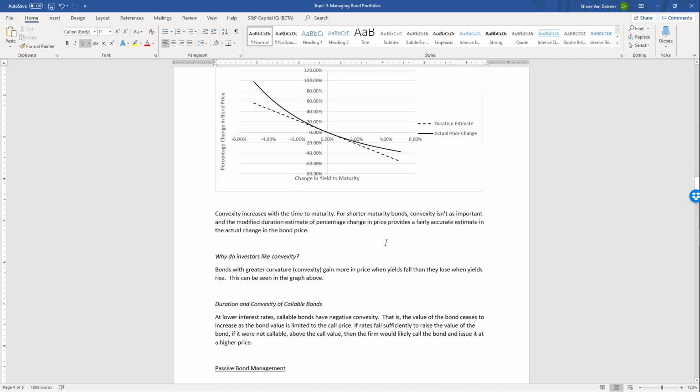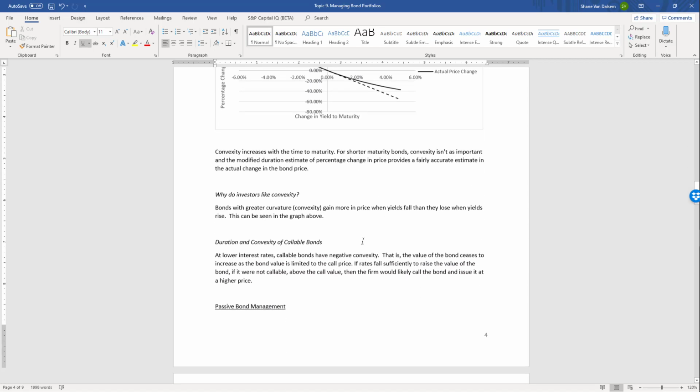And so the call price might be $1,080. But that's the maximum value for the bond, because if the value of the bond goes up above that, then the company's likely to call that bond, because then they can just call the bond and reissue it at a lower rate. So at low interest rates, callable bonds have negative convexity.